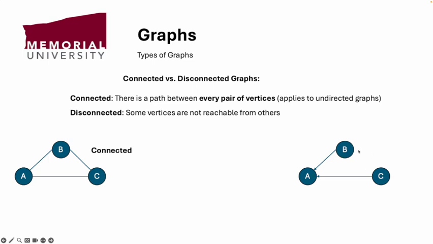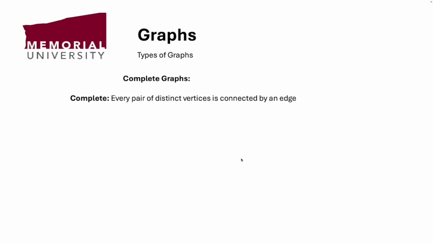They define direction here, only B to A and C to A. Now, a complete graph is one where every pair of distinct vertices is connected by an edge.